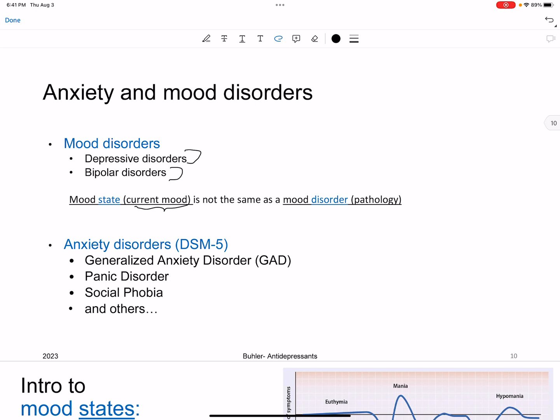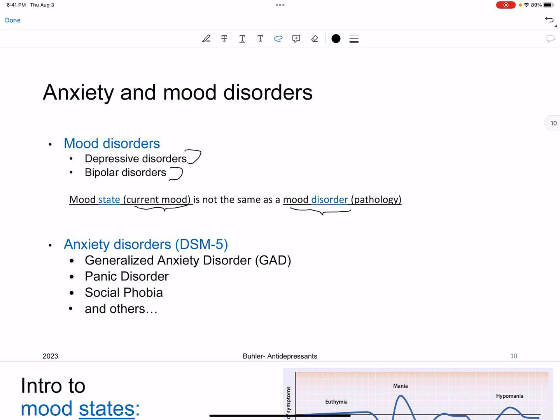You have a mood state at all times. It's not the same as a mood disorder. If you have a depressive mood disorder, it's not just for a short period of time, and it's not something that you can kind of shake off. So we need to really realize when we talk about mood that mood states and mood disorders are very different.